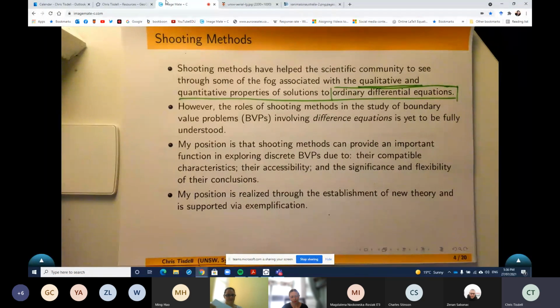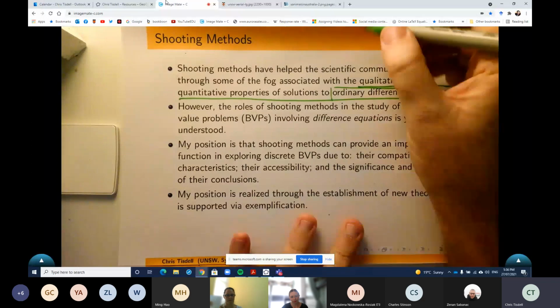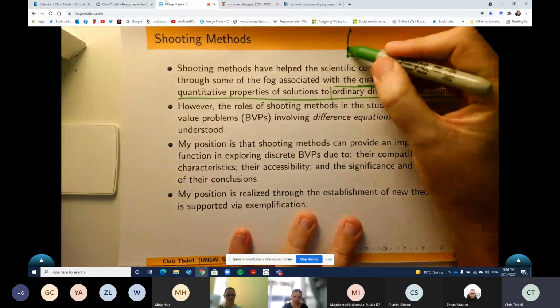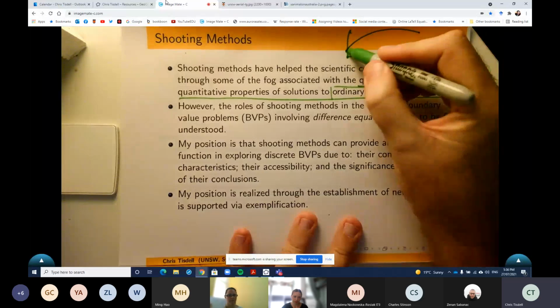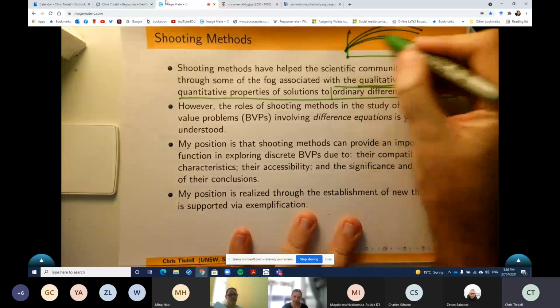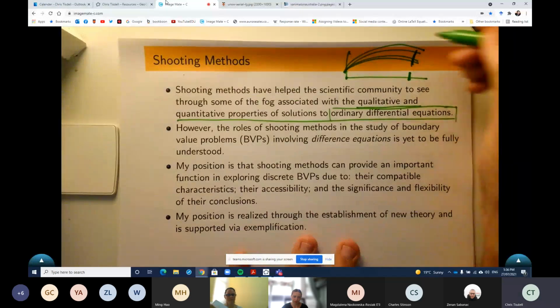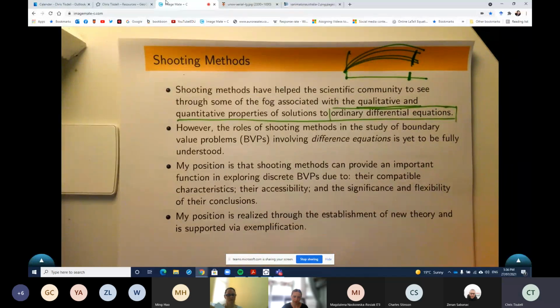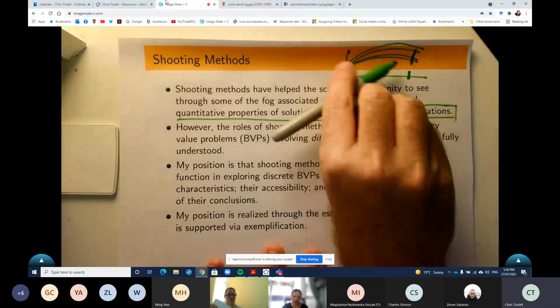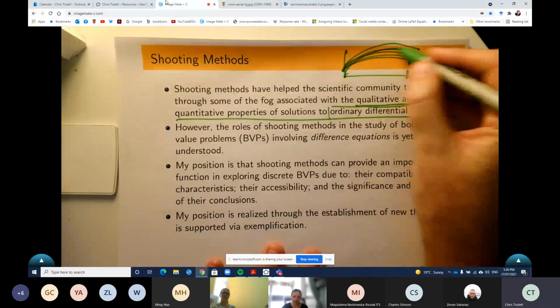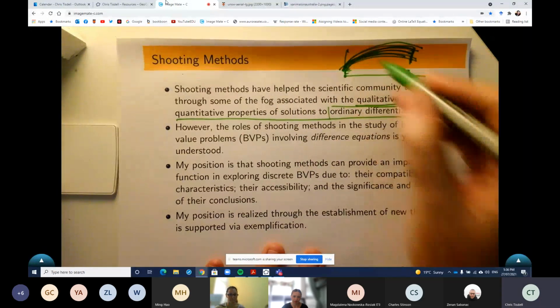You have some sort of interval, and maybe this is the end of the interval, and you shoot the solution over, and you want to try to get to some point over here that fits with your boundary conditions. So you adjust the angle or something like this, and you get all these potential solutions based on the initial value problems.